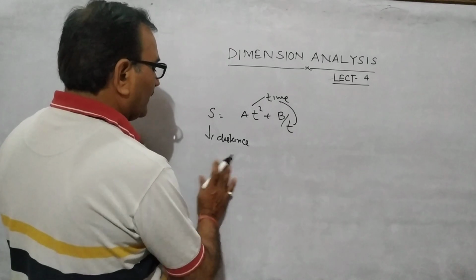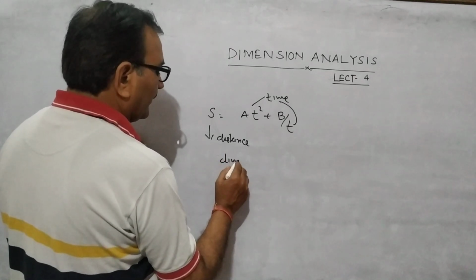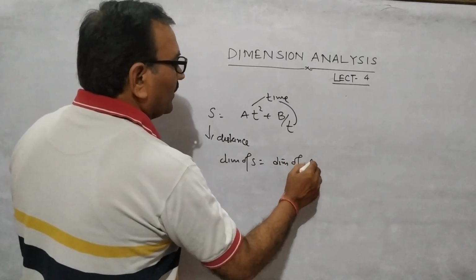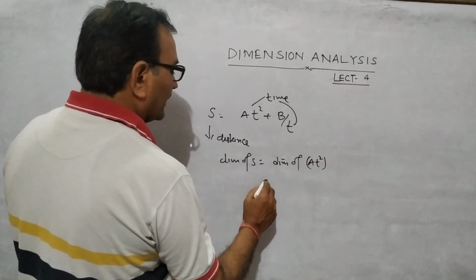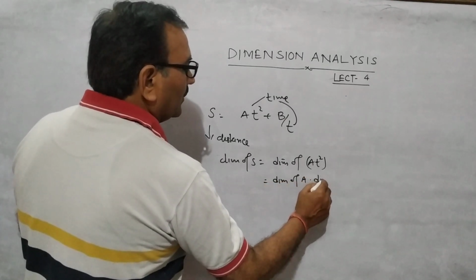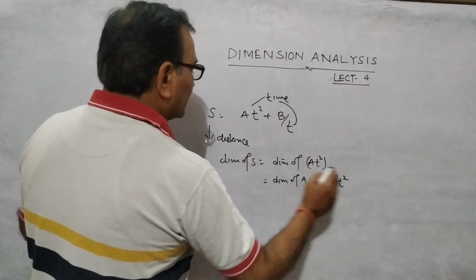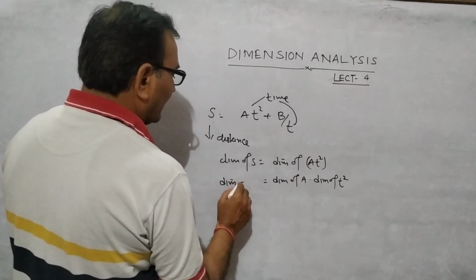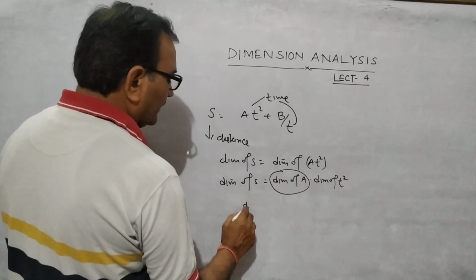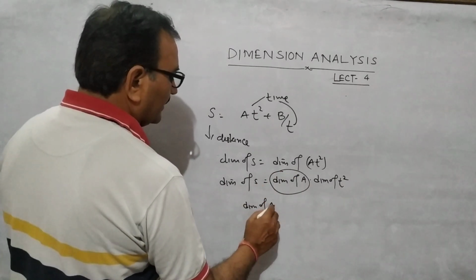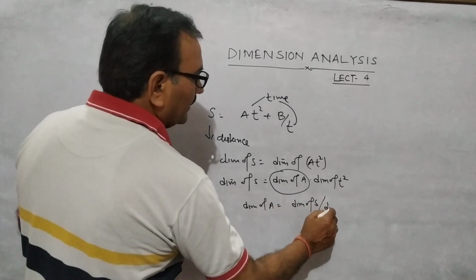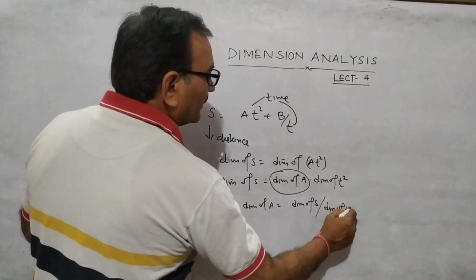That means the dimension of S equals the dimension of a t square. So dimension of a into dimension of t square is the dimension of S. Now you have to calculate the dimension of a. So dimension of a equals dimension of S upon dimension of t square.